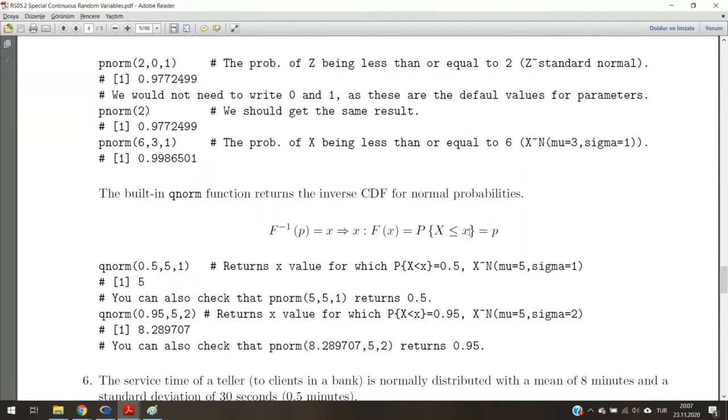So this time we will give p and ask for x, which means the inverse CDF at the probability. So let's just say for a non-standard normal random variable with location parameter 1 and scale parameter 5, for which value the probability of this random variable being less than or equal to it is 0.